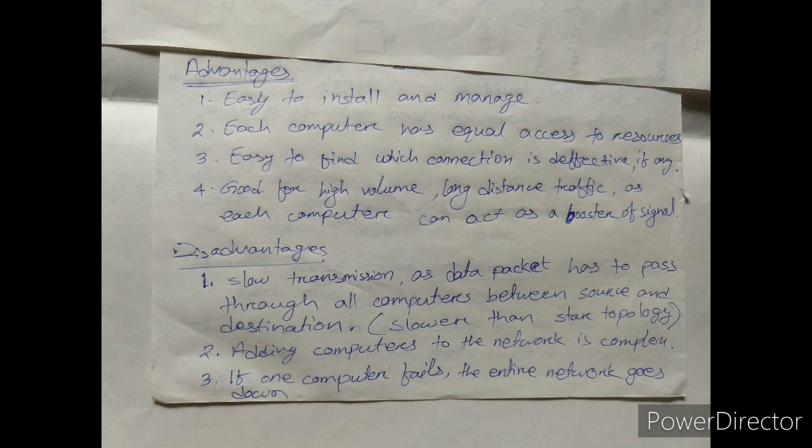Then, if one of the nodes or computers in the network fails, the entire network will go down, because the network is a circular path. So if the circle is broken, then the whole network will break down.